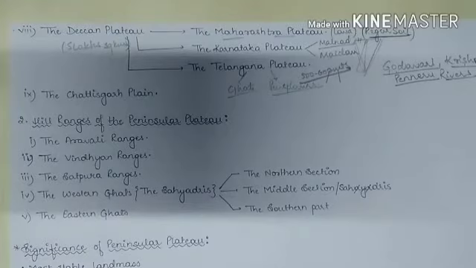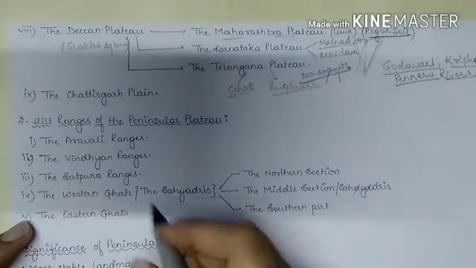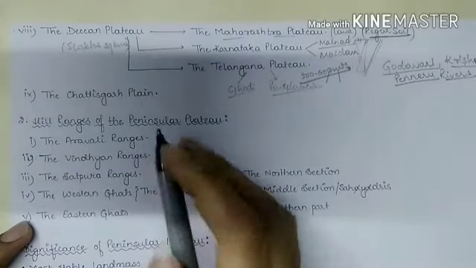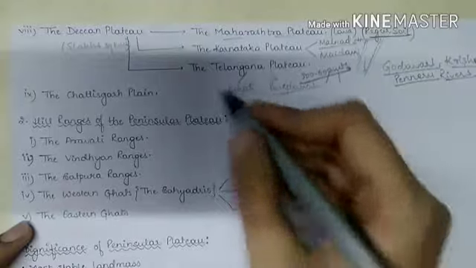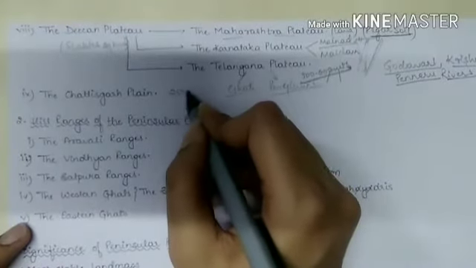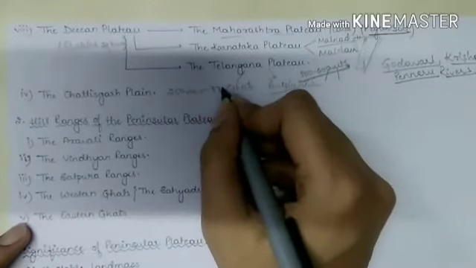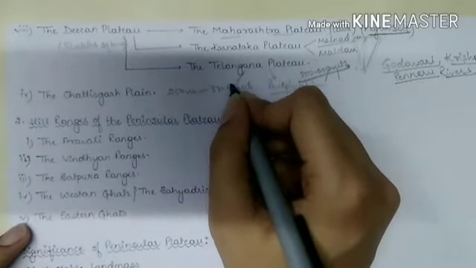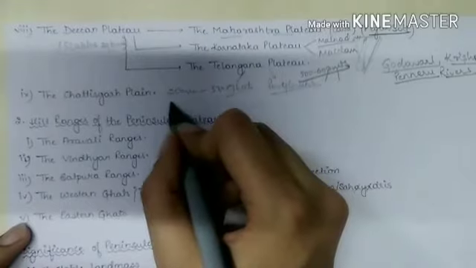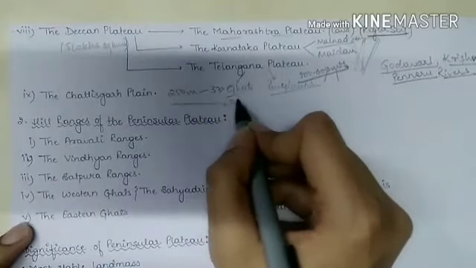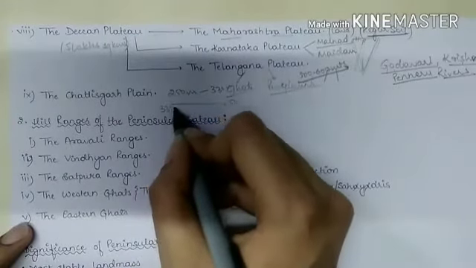The region has a general elevation from 250 meters in the east to 330 meters in the west. So in the east it is 250 meters, while in the west it is 330 meters.